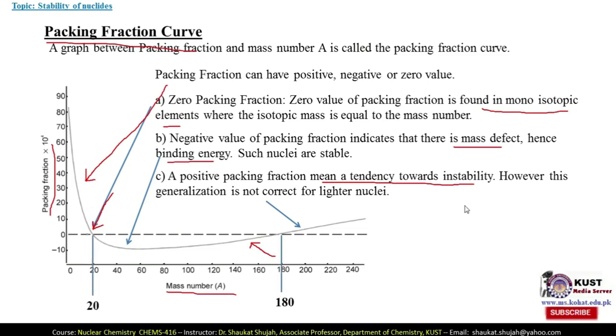Now we can see from this plot that the nuclides having mass number 20 to 180 have negative packing fraction values, so they are comparatively stable. And the least value has been observed for iron 56, so it is the most stable nuclide among the known nuclides.